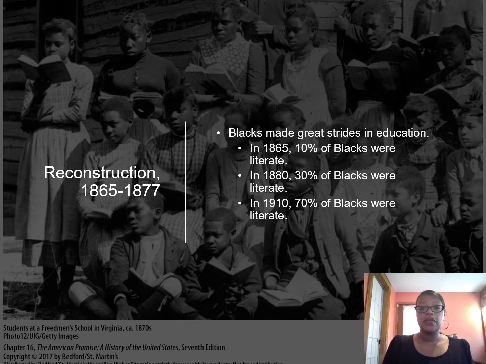In 1865, only 10% of Black people were literate, and that number climbs. In 1880, you have 30% of Blacks who were literate, and by 1910, 70% of Blacks were literate. So this just shows you how seriously Black people took education, how they viewed that as the key to a greater future, and they worked hard to become literate and become educated.